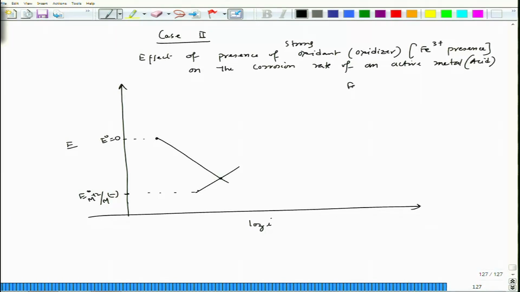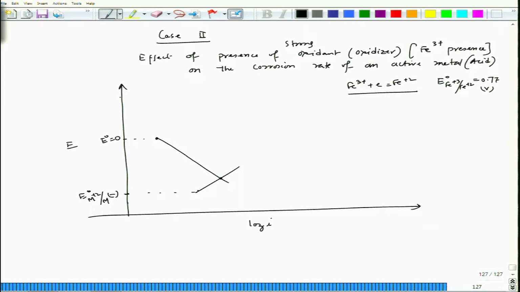Now, Fe3+ plus e equal to Fe2+ has a very large E0. This is close to 0.77 volt, if I remember correctly.